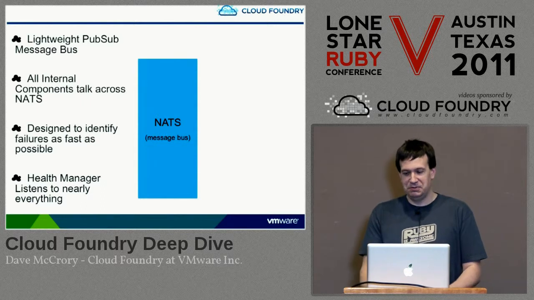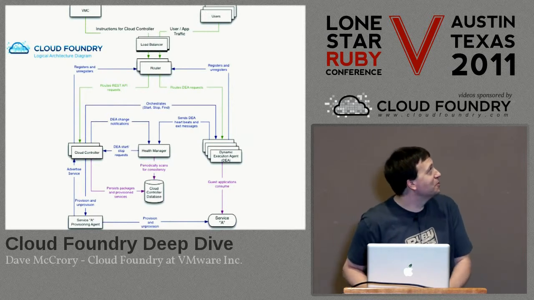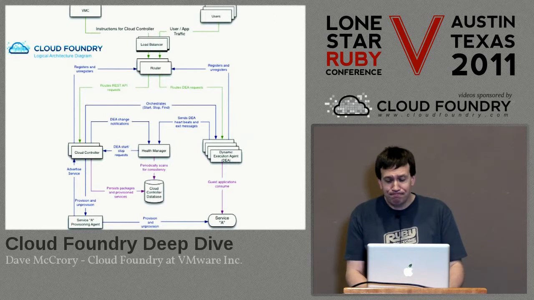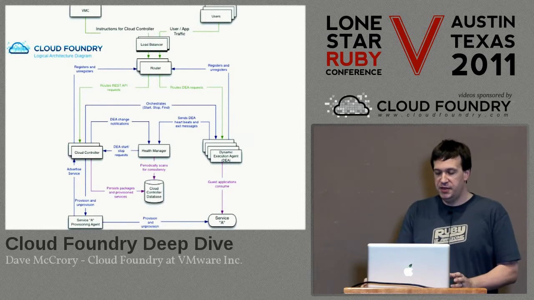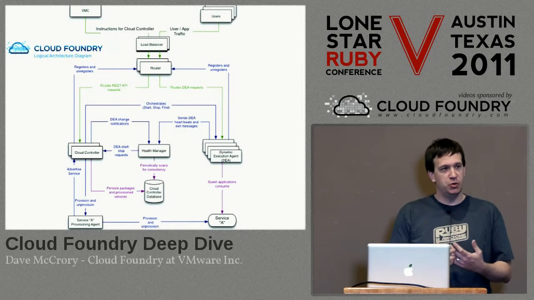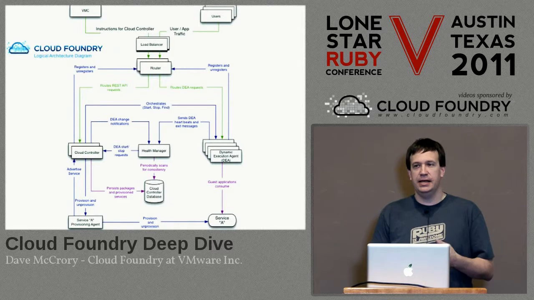So digging down a bit deeper, how does all this really look? This is the eye chart. I realize it's not perfectly crystal clear, but this is kind of a diagram of how everything works. So when you push code up, what really happens, let's say you have a simple Sinatra app.